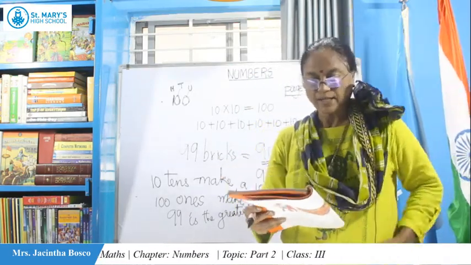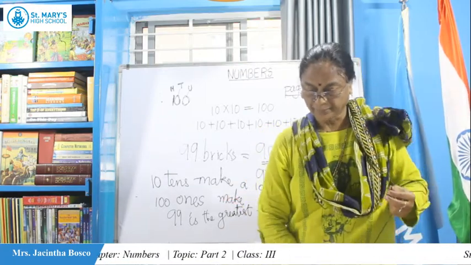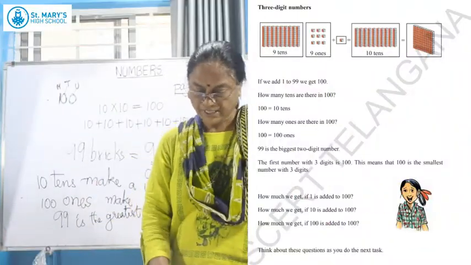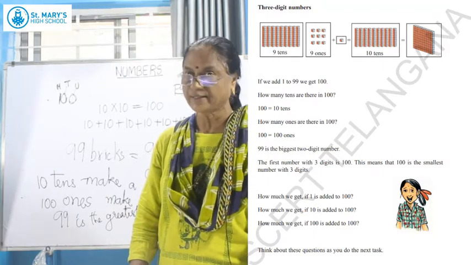Right? Shall we go to the next? Look there. The first number with 3 digits is 100.